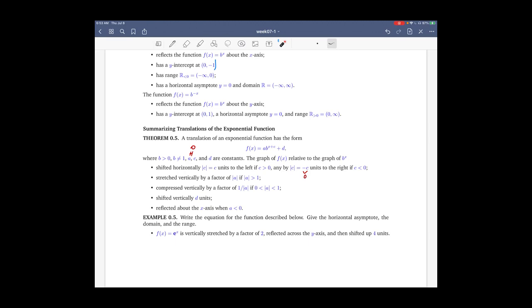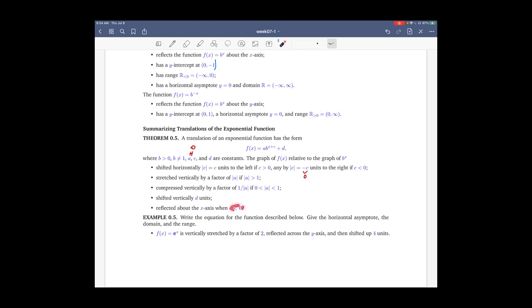We then perform a vertical stretch or compression, depending on whether a by absolute value is greater than 1 or between 0 and 1. If it's greater than 1 by absolute value, it's going to be a stretch by a factor of absolute value of a. Or if it's between 0 and 1, it'll be a compression with a factor of 1 over absolute value of a.